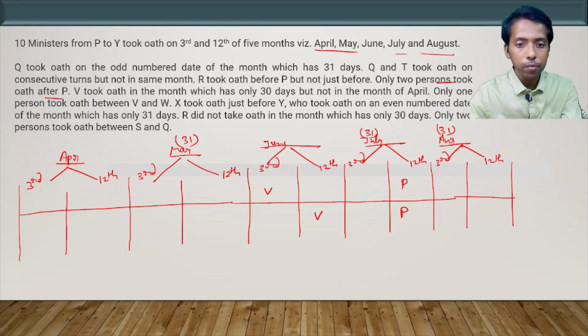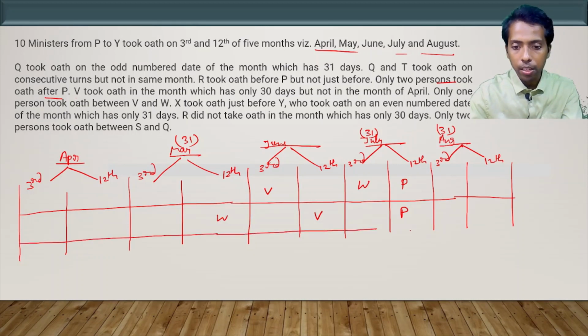Okay. Now, only one person took oath between V and W. So W cannot come here, so only this side W can come. W can come here, and another possibility, we have to take possibility because the data is very less here, right? So without thinking about whether we have to take the third possibility or not, just move it and you will see the magic, right?